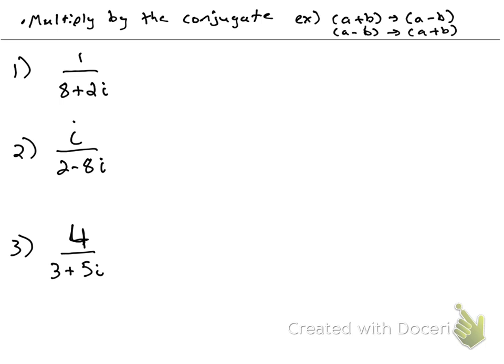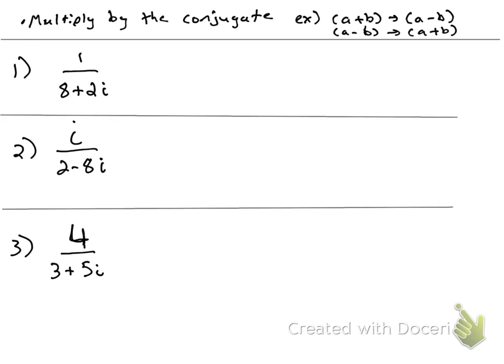So if you look at number 1 right here, the denominator is 8 plus 2i. So the conjugate would be 8 minus 2i. Same two terms, opposite sign in the middle. So in the denominator here, we have a binomial times a binomial. So we would FOIL.